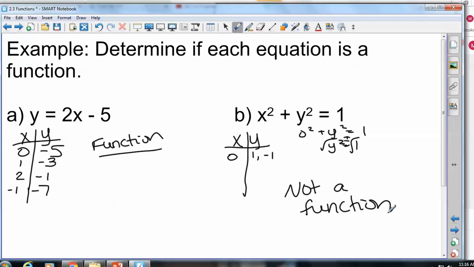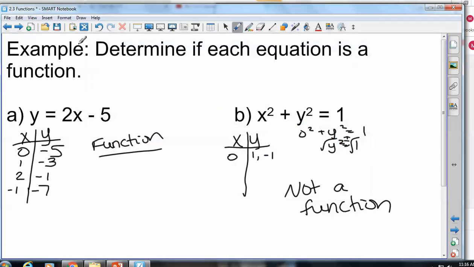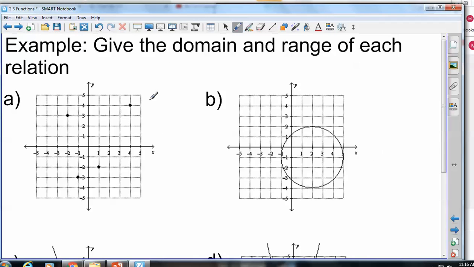All right, let's talk about graphs a little bit. First thing I want to do is make sure we can look at a graph and give the domain and range. Okay, so this one, it's kind of hard to tell in your handout. They're actually just points.